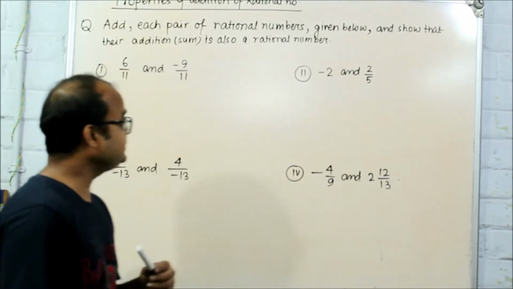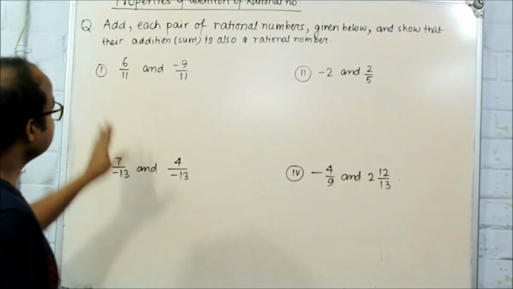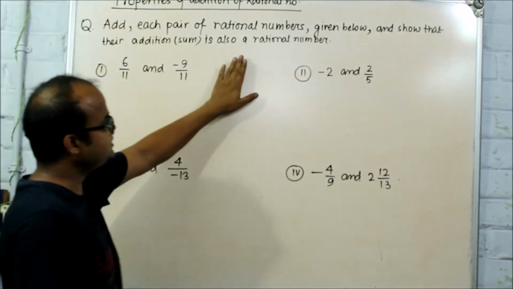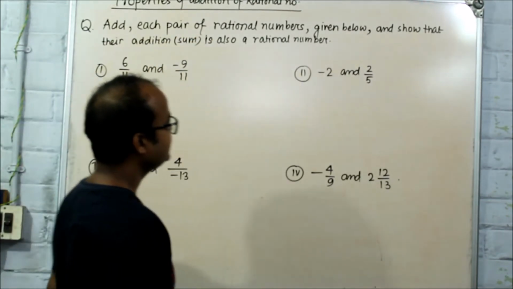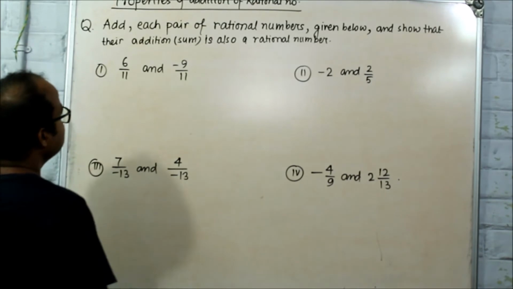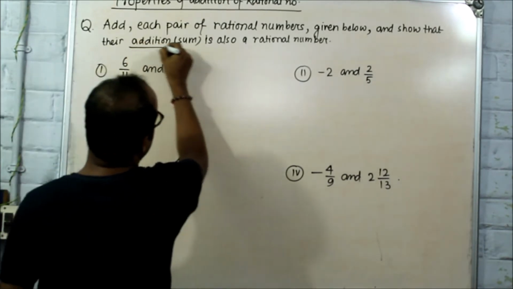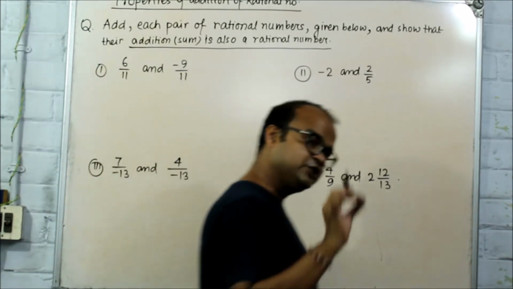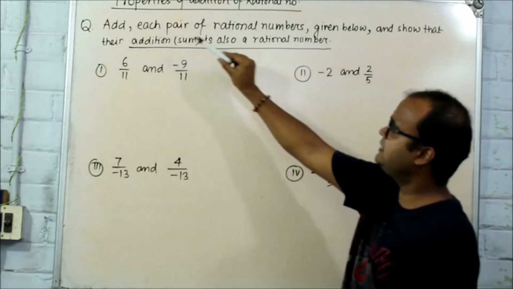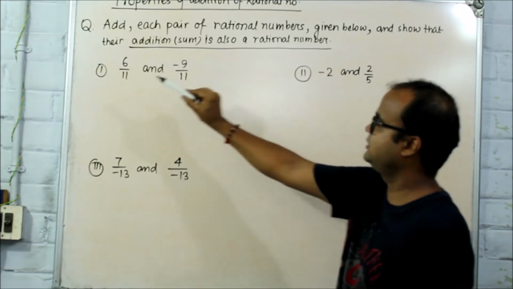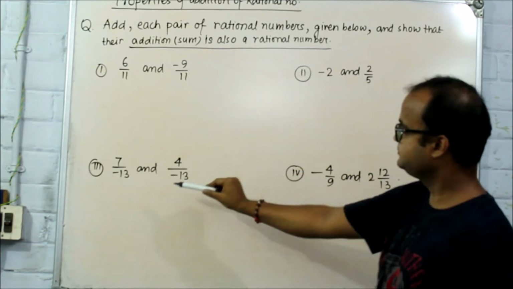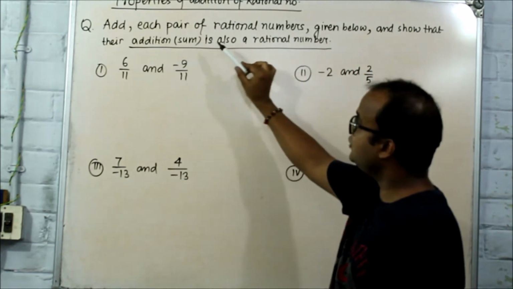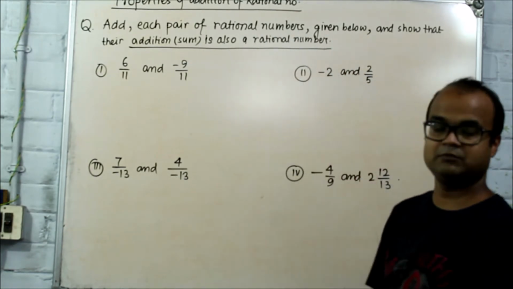So let us begin with the first problem. Add each pair of rational numbers given below and show that their addition or sum is also a rational number. Clearly it is mentioned to add each pair of rational numbers. That means we need to add these two given below and show that their sum is also a rational number.